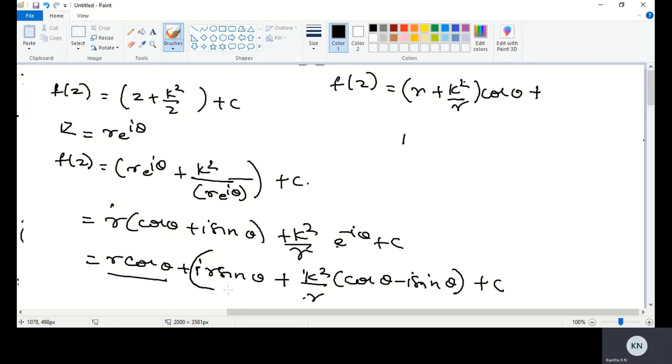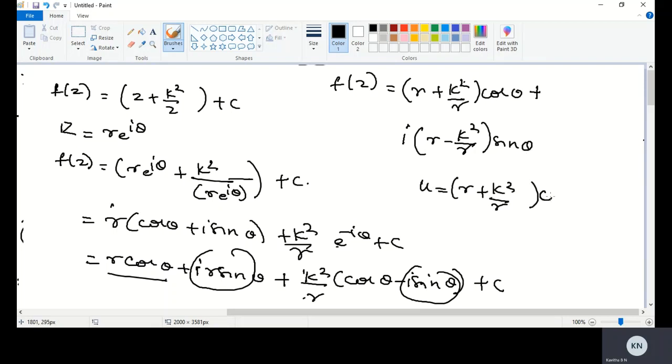This is the real part, and this is the imaginary part: i into (r minus k square by r) sin θ. Here u is equal to (r plus k square by r) cos θ. This is the real part. Okay, the problem is completed.